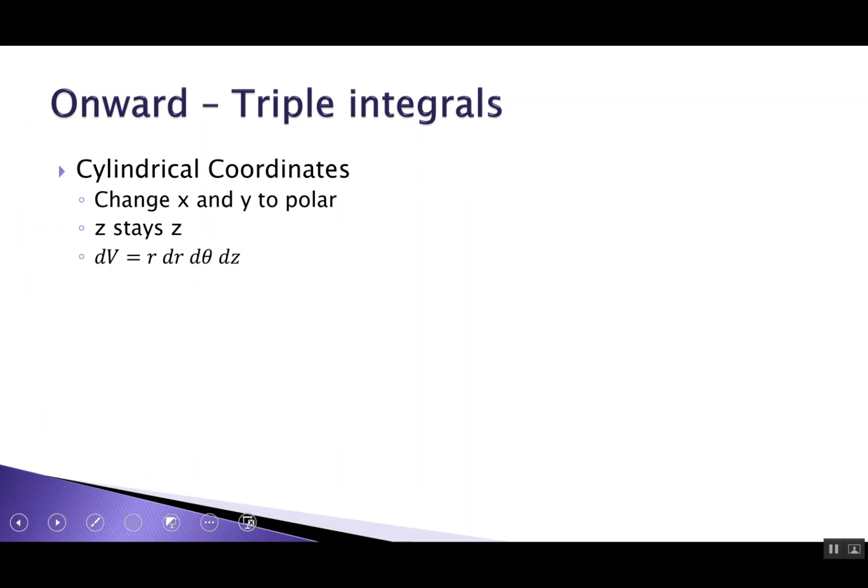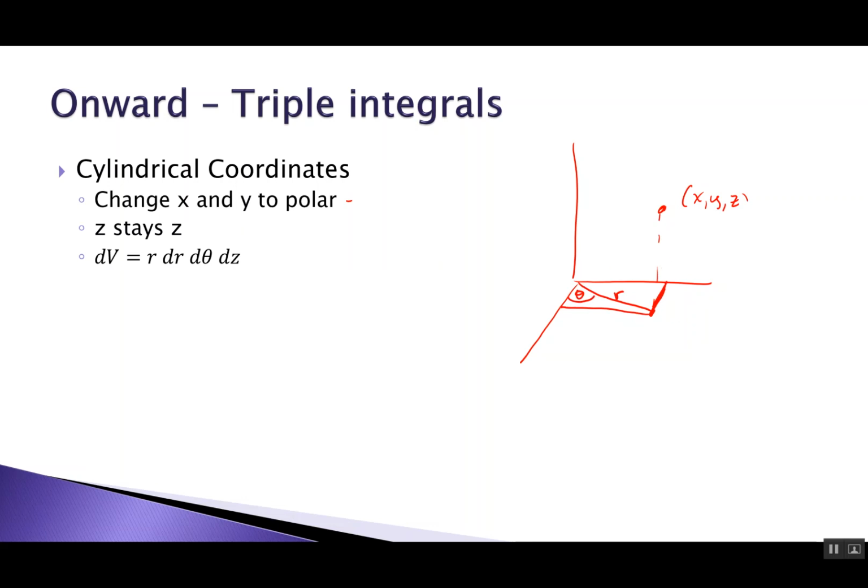All right, in cylindrical coordinates you just change your x and your y into polar, and z stays z. So if I have a point in the xyz coordinate system, maybe it's out here, I think about dropping that down in the xy plane. Here's my r, here's my theta.